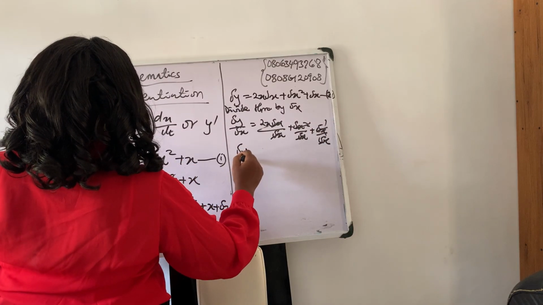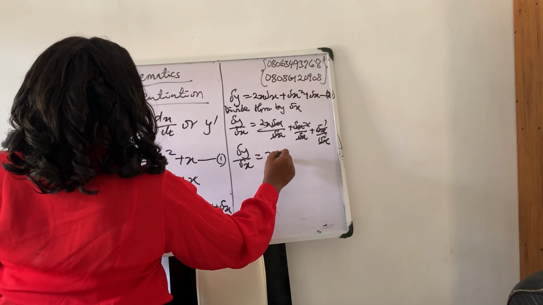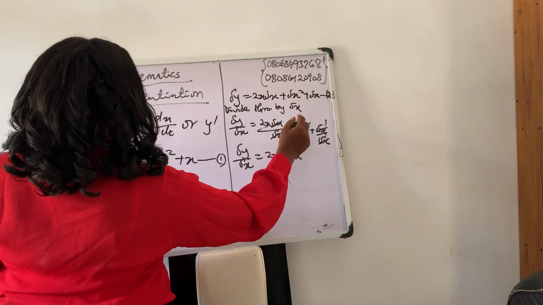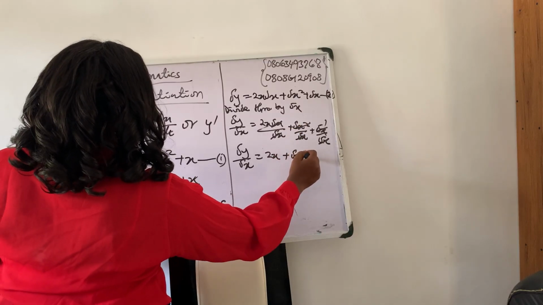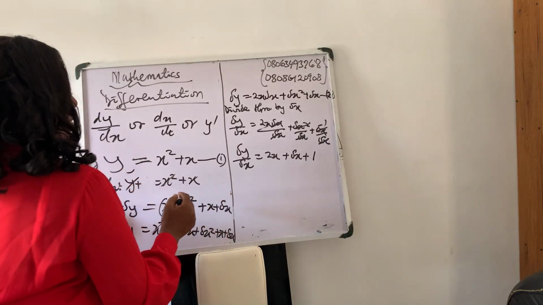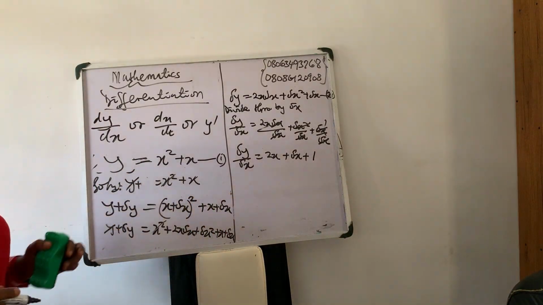So what we have left is dy/dx equal to 2x plus dx, because dx into dx squared, what is left is dx. The dx into dx is 1. So what we have is 2x plus dx plus 1.